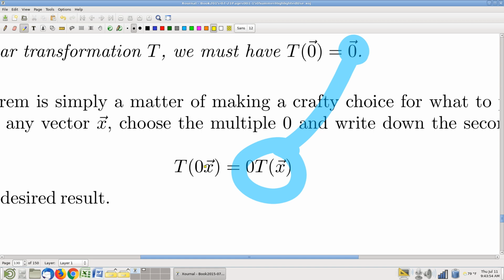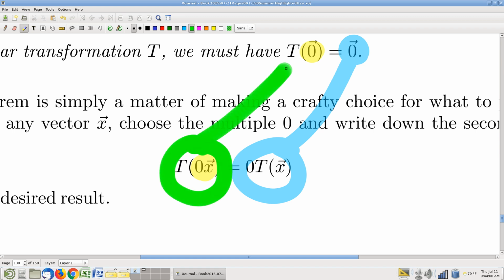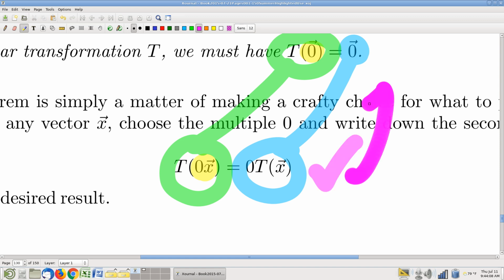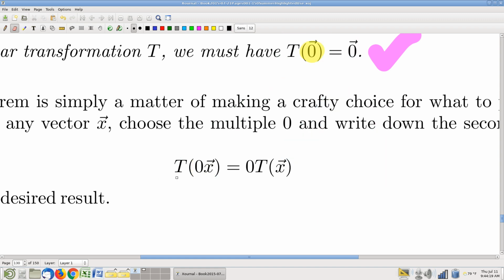And this, being as it is the 0 vector, that is equal to that. So the fact that this is an immediate consequence of the linearity condition implies that this equation is always true. So, like I say, real quickie, smart alecky kind of proof. I like those. Okay. All right.